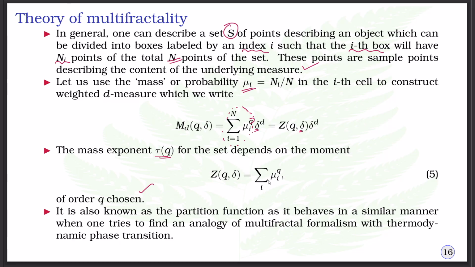It is also known as the partition function, as it behaves in a similar manner to when one tries to find an analog of multifractal formalism with thermodynamic phase transition. So here τ(q) is defined through this moment, as given in equation 5 for the order q.